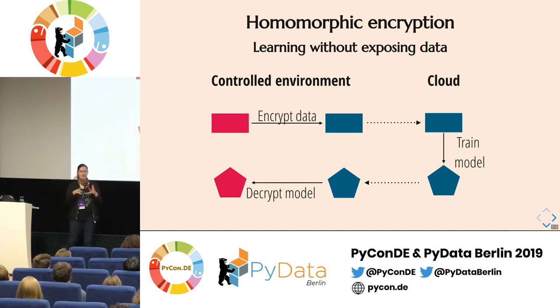Then you get the encrypted model and you decrypt it. It's great because the third-party provider in the cloud never sees your data, and you never see the algorithm they are using. So if it's a private algorithm and they don't want to expose it, they can still train models on your data without seeing your data, and without you knowing what they are using.